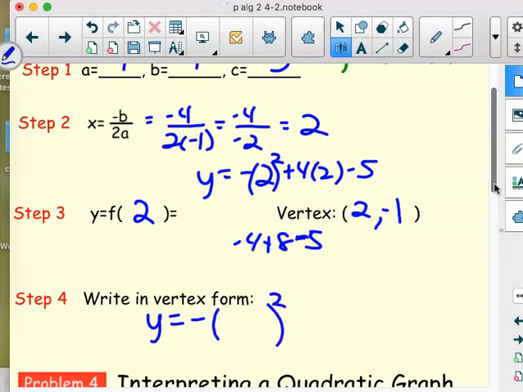What's that going to look like in the parentheses? X minus 2. Good. And what do we tag onto the back? -1. There it is. So now it's in vertex form.